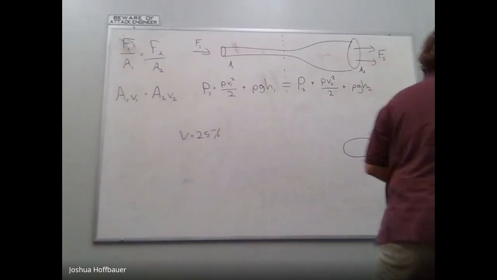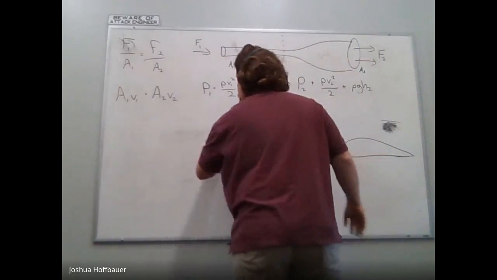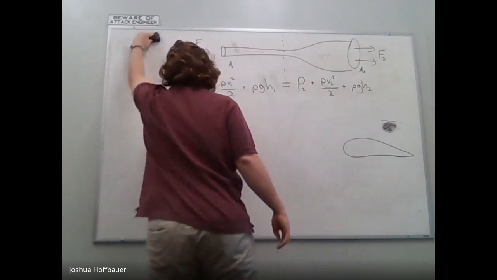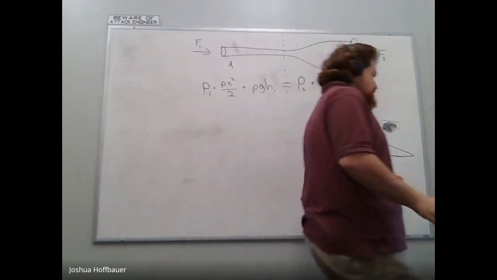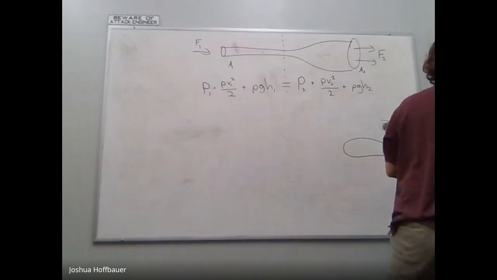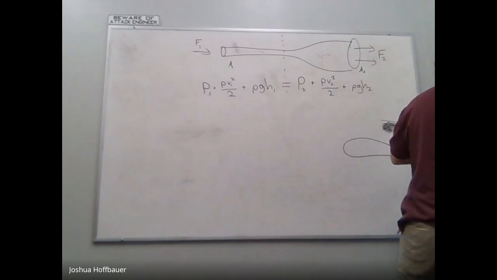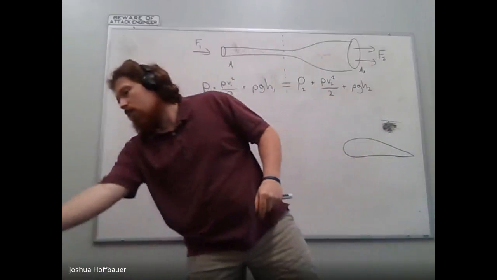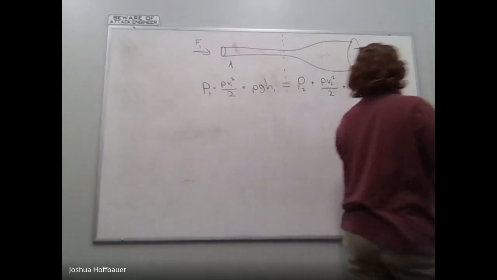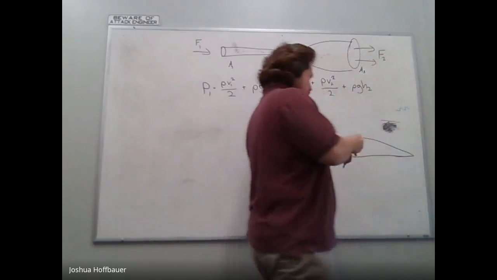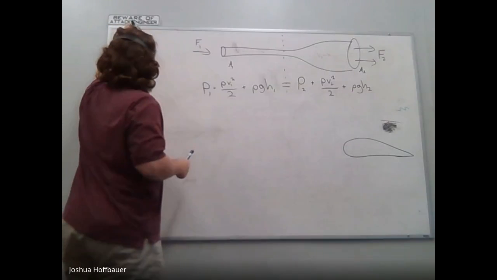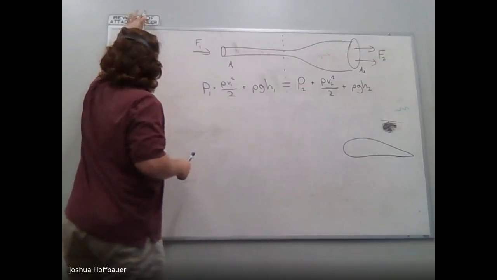I'm running a little low on board space, so I'm going to erase our older formulas and start listing variables up on the left here. All right. So the plane is flying at 25 meters per second.